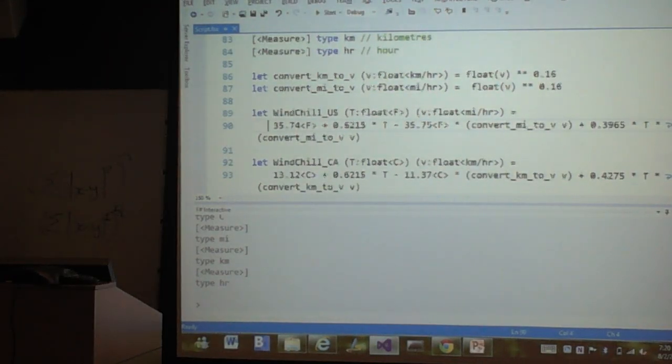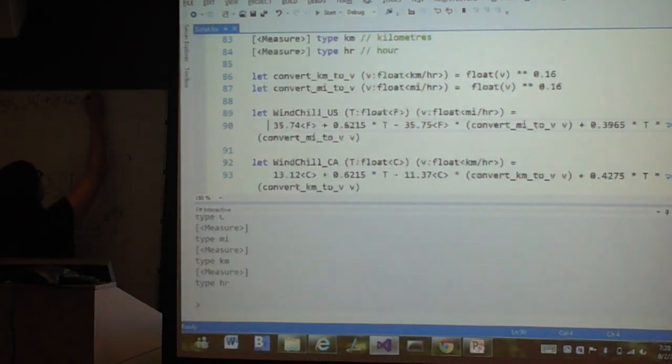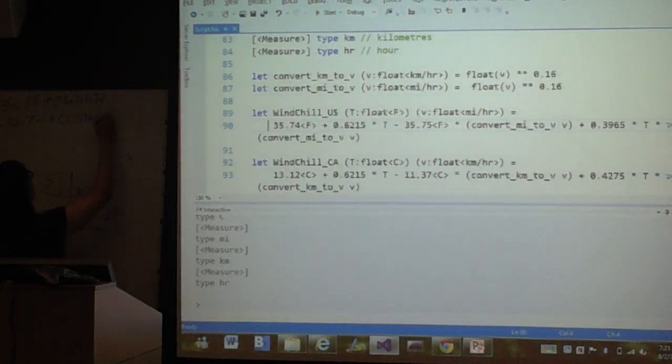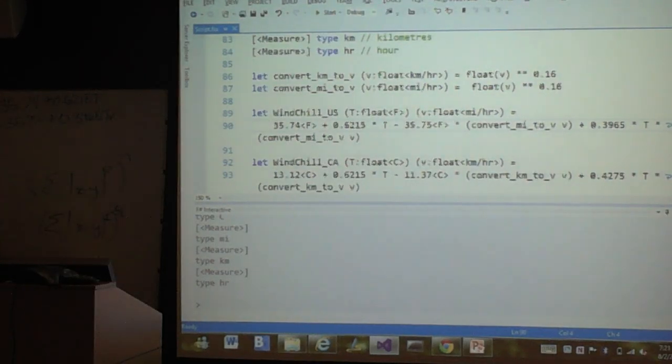Let me write that out in a way that will make a whole lot more sense: minus something times the velocity plus something times the temperature and the velocity.